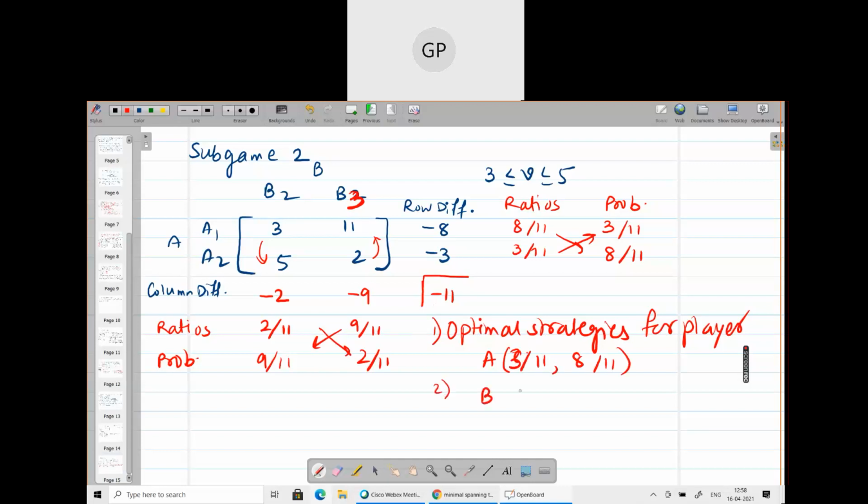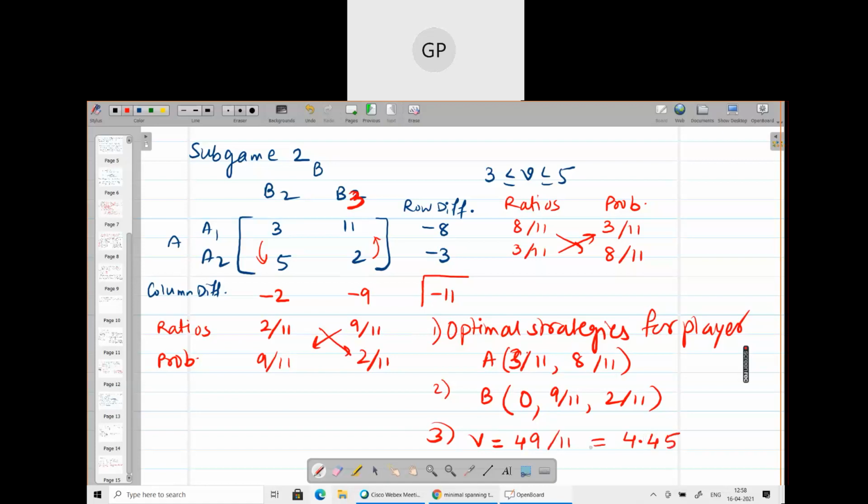And for B I will write: first probability he is not using, so 0. Then 9 by 11 and 2 by 11. And what is the value of the game? 49 by 11, no? Yes, ma'am. It's 4.45.